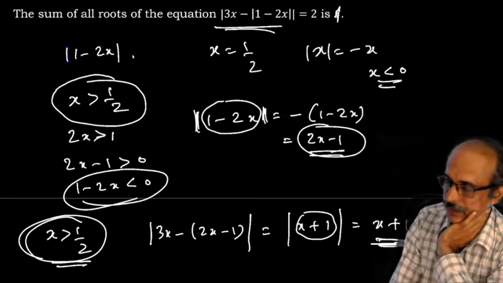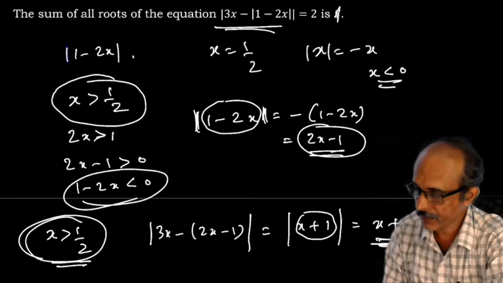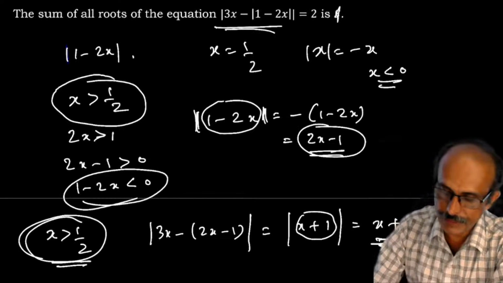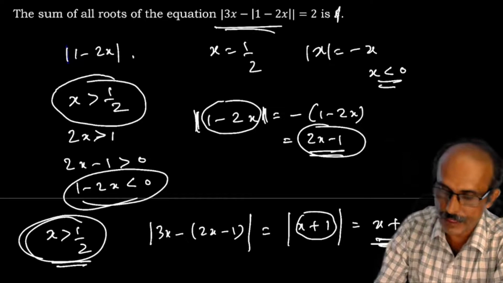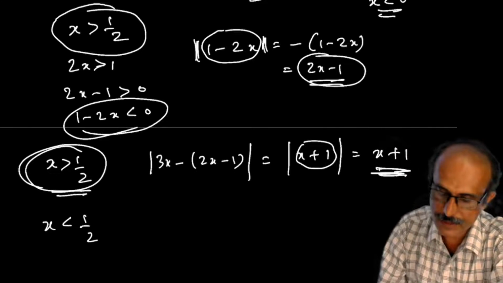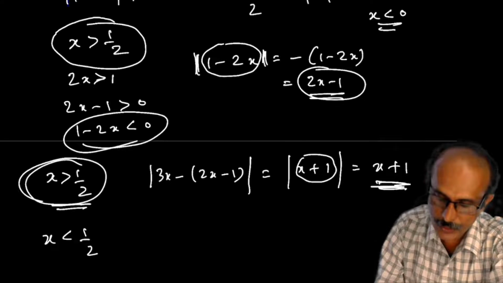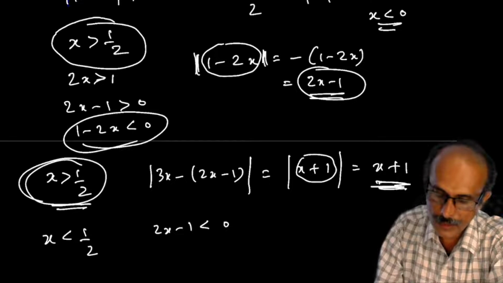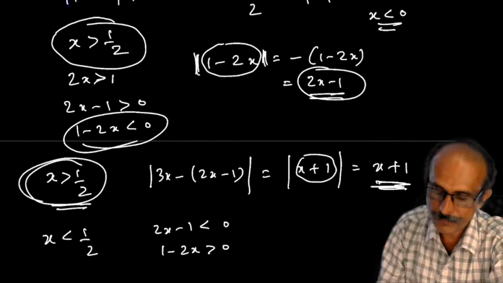Further, what further observation can you make? You see that if x is less than half, what happens? So you see that 2x minus 1 is negative and 1 minus 2x is positive.